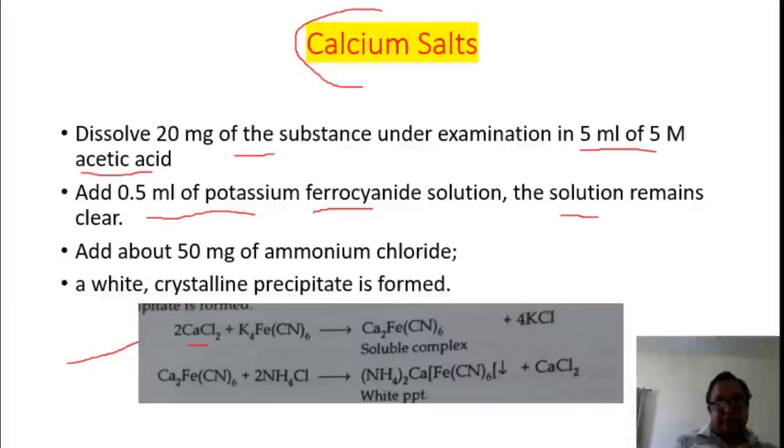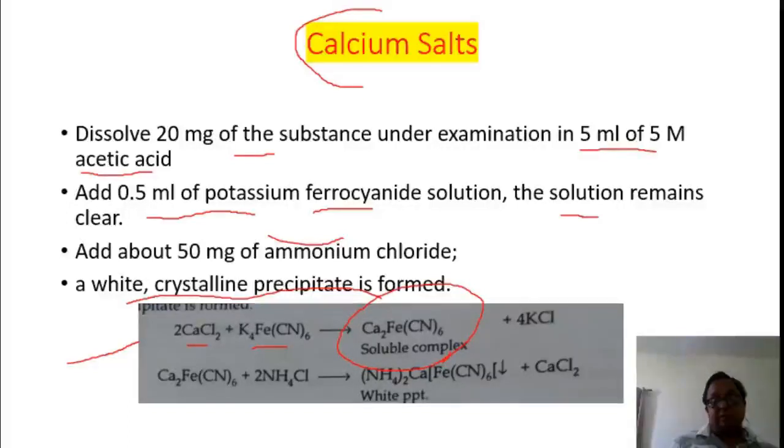Calcium chloride we are taking as a sample. We are treating it with the potassium ferrocyanide. The complex that is being formed is soluble. Now to the solution, if we add 50 mg of ammonium chloride, it gives a white crystalline precipitate.